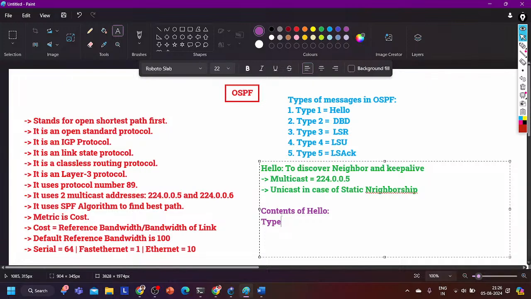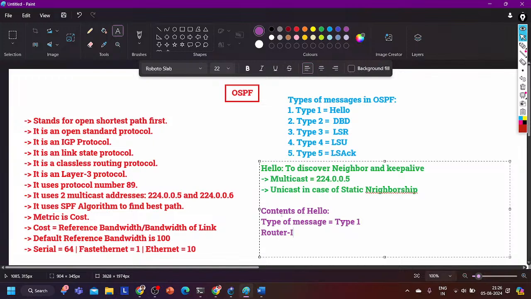So the type code will be 1 here, meaning it is a type 1 message. Then there will be information about the router ID, and today we are going to learn the router ID as well.